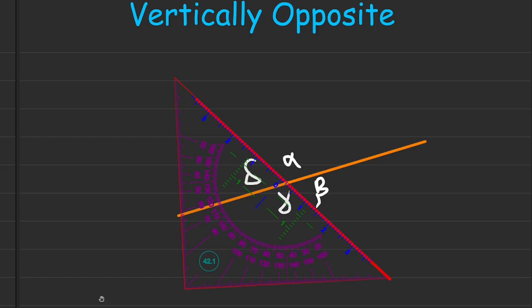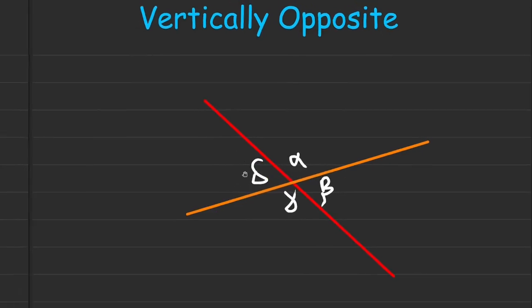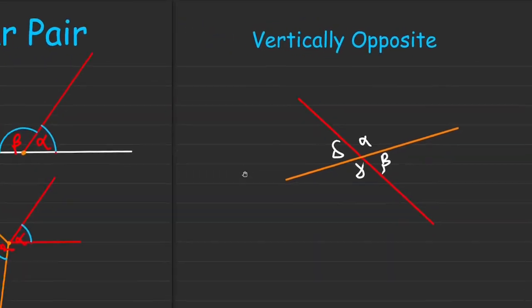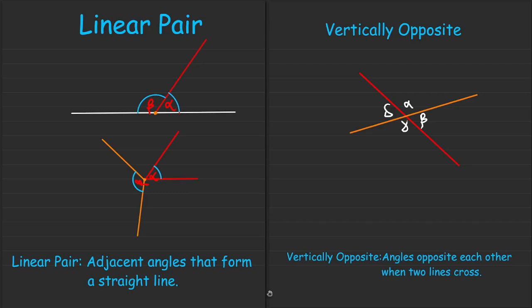In the same way, yours is to try and measure that of beta and delta. You realize that they are the same. That is the property opposite angles possess. They are opposite to each other.